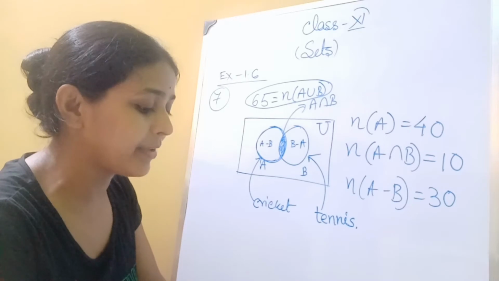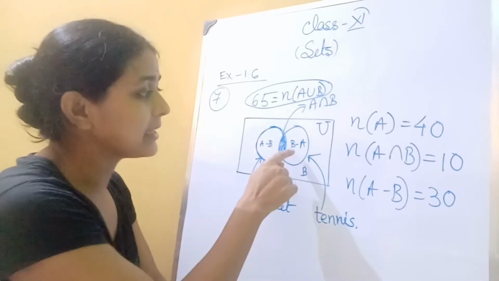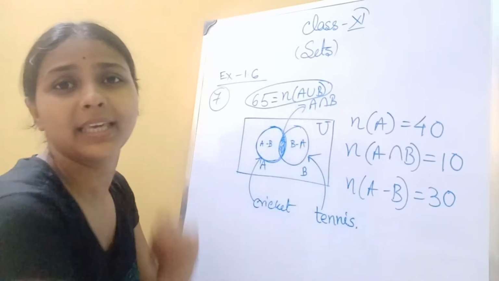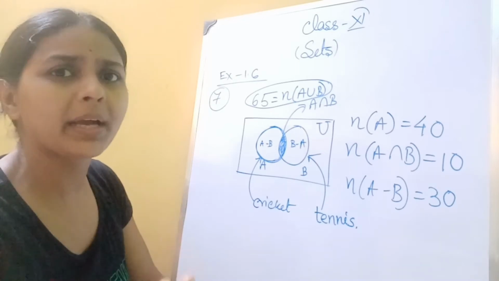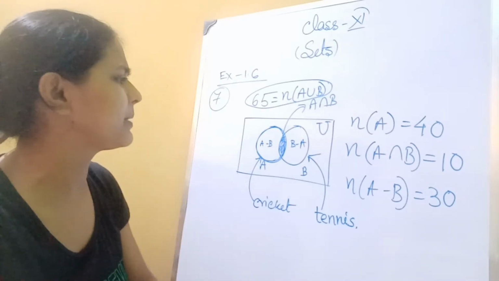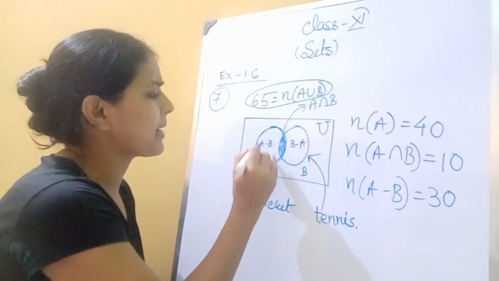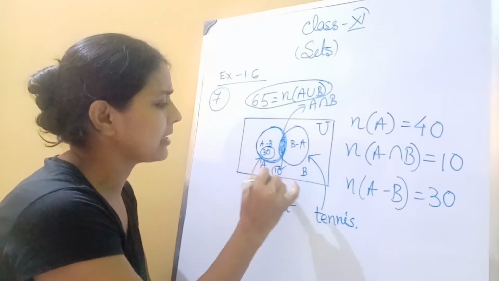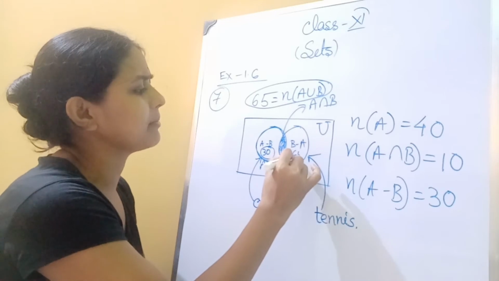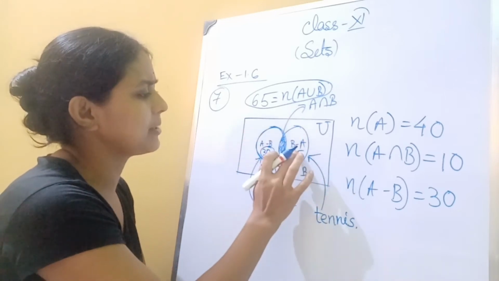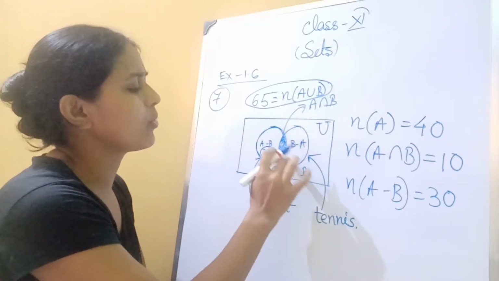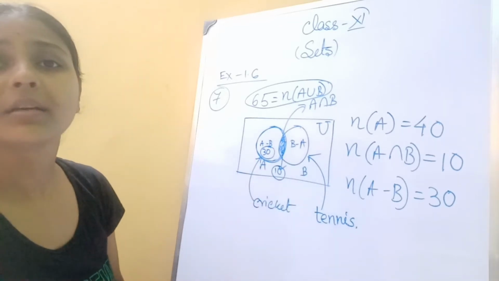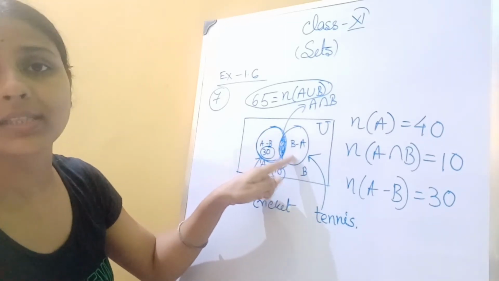But in the question we have to find this part, B minus A. Very simple, because we have got this part as 30, this part as 10, and the total is 65. What will be in the white part B minus A?